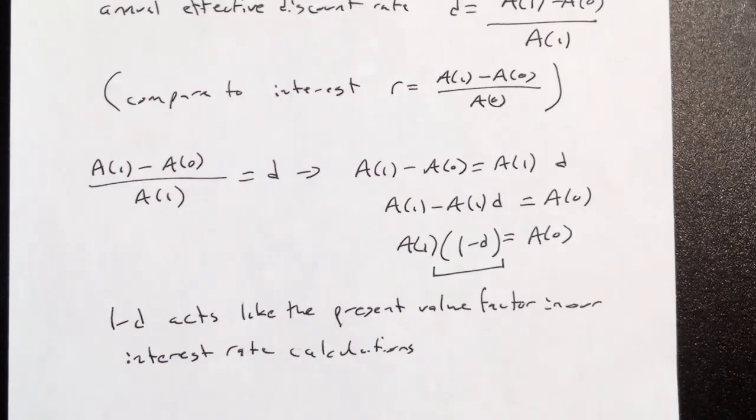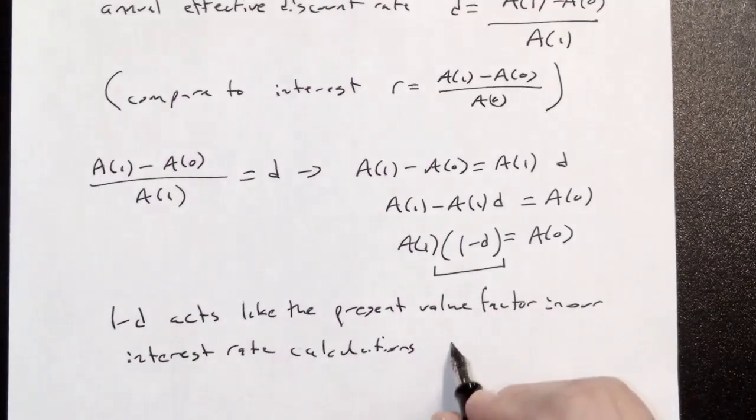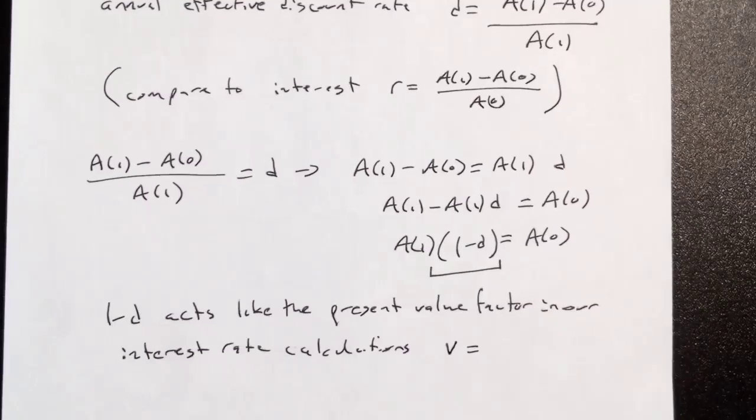But when I was doing interest, we gave that a different name. V. And we also said that V could be written in terms of an interest rate. What was the formula for V in terms of an interest rate?